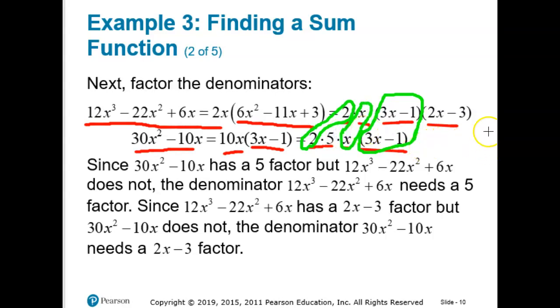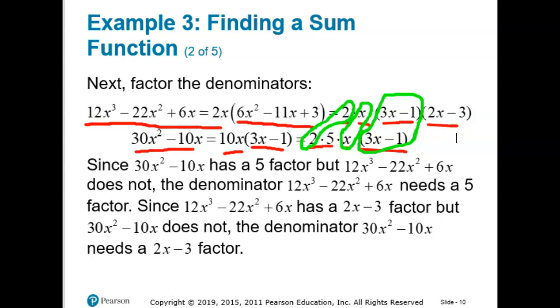So those things, if we simply just multiplied the two polynomials together, those three things would be duplicated and make our denominator huge. So we would not be getting the smallest denominator possible.